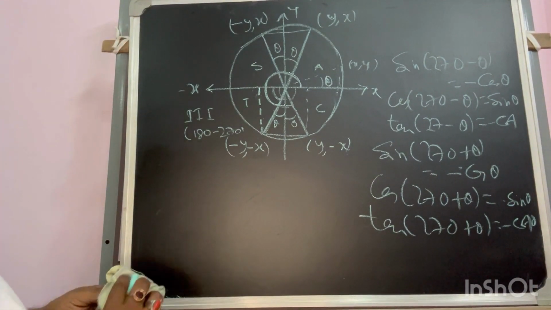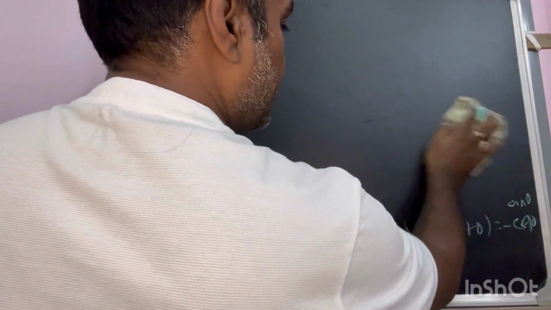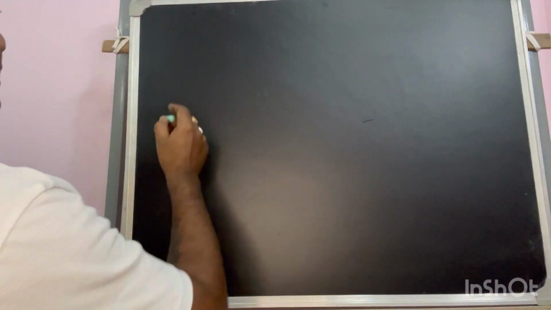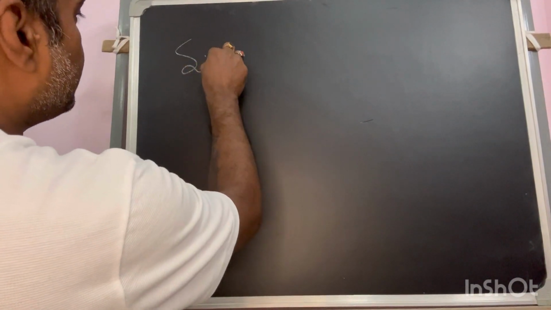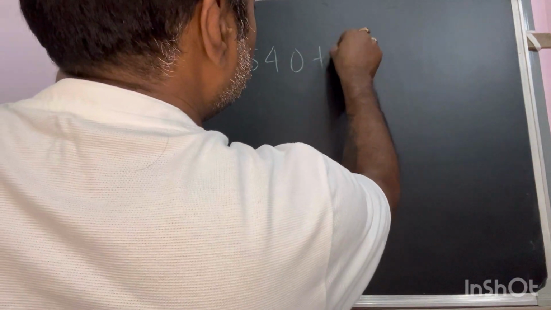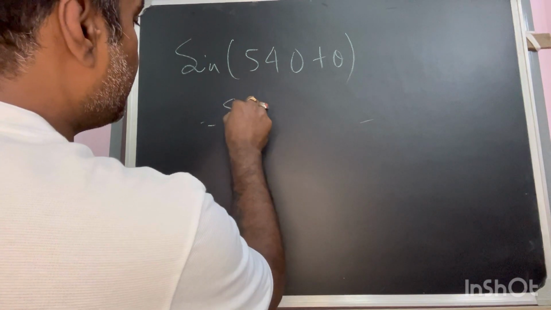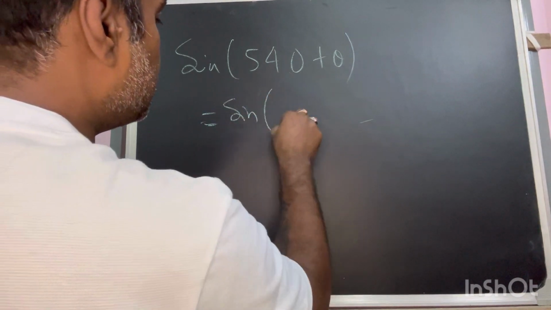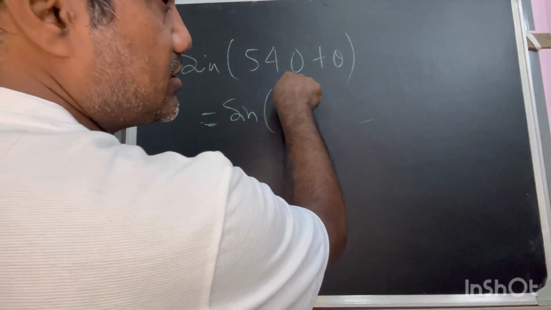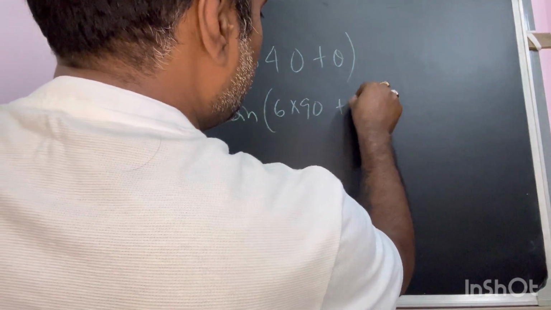So this way, if I take an example of any angle, let's say I am talking about sine of 540 plus theta. So what would be the case? So now first my rule is how much? This is 6 into 90. So break it like that.